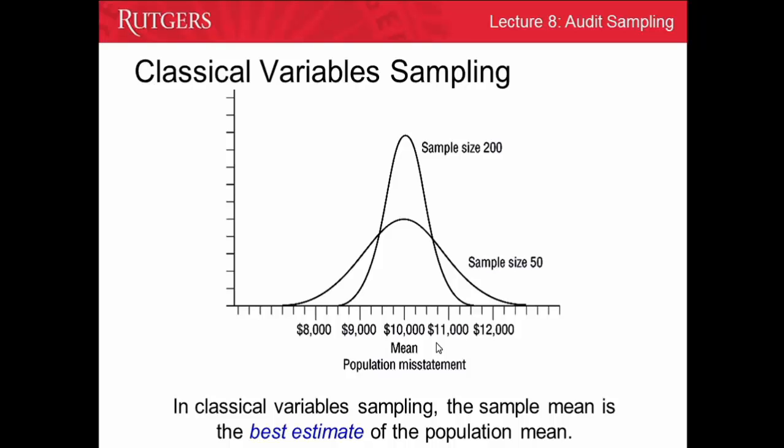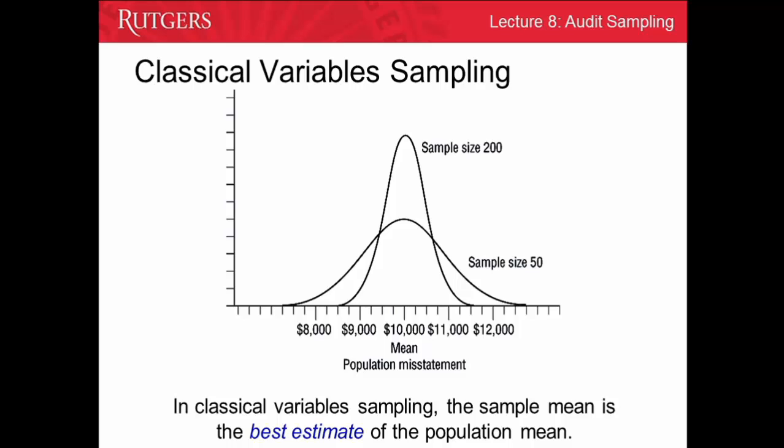One is that the mean of the sampling distribution will be equal to the true mean of the underlying population. Thus, in this figure, the true misstatement in the population is $10,000. And also, the area under the curve can be used to quantify likelihood.